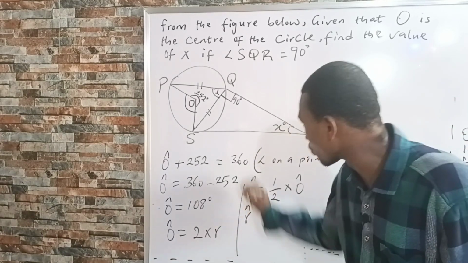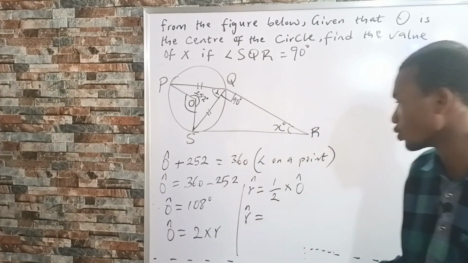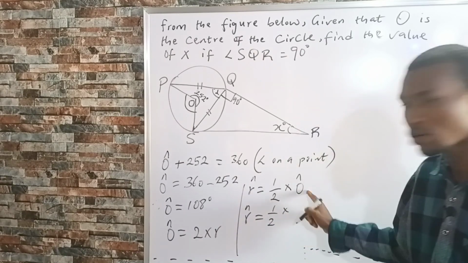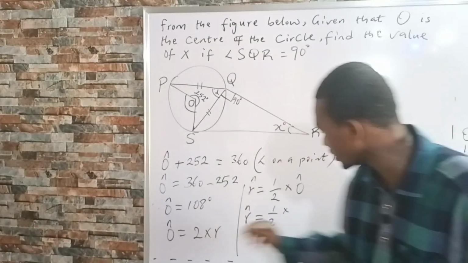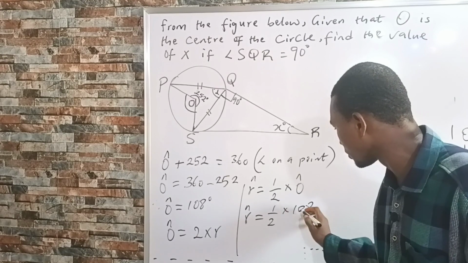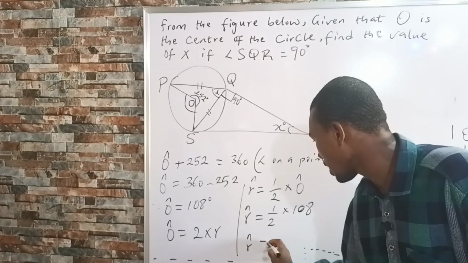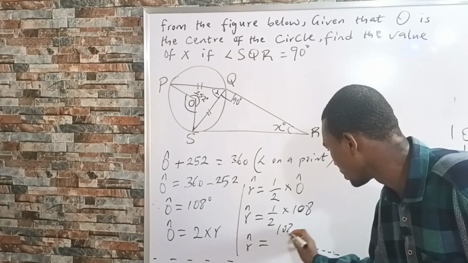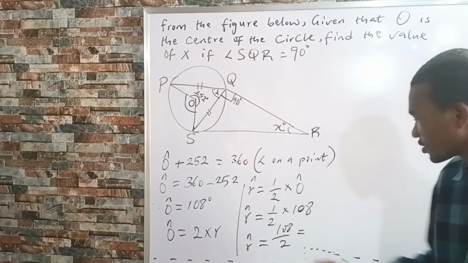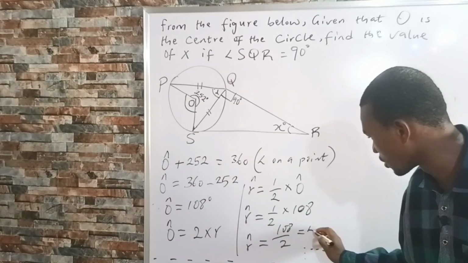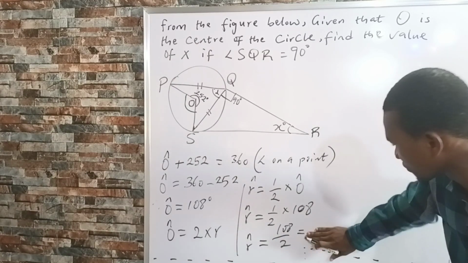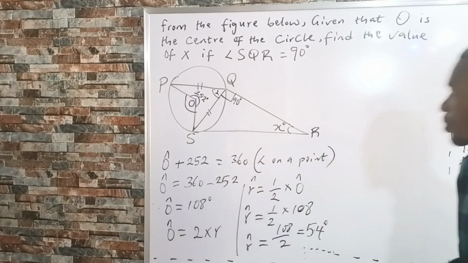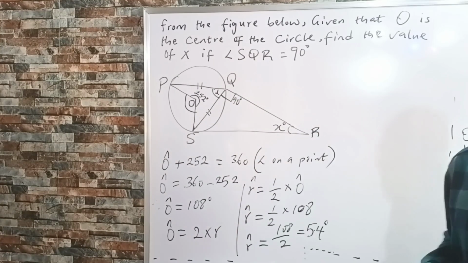Therefore, my angle r, which is this angle here that I want to find, is equal to half of angle O. Angle O, we got it to be 108, half of 108, okay? Such that our angle r is equal to 108 divided by 2, and this should give us 54, okay? So we have 54 degrees. Therefore, this angle r here is 54 degrees.